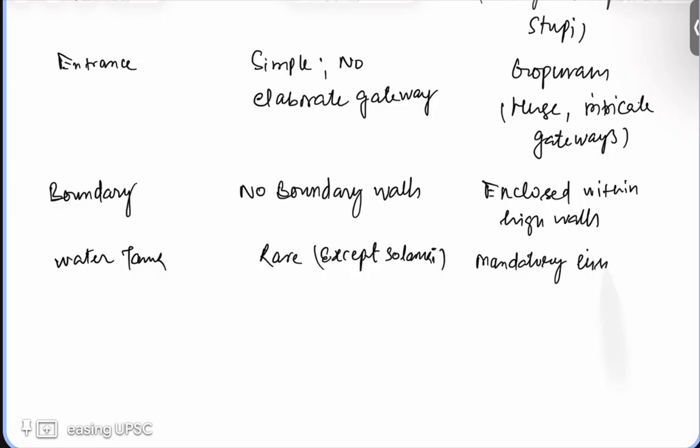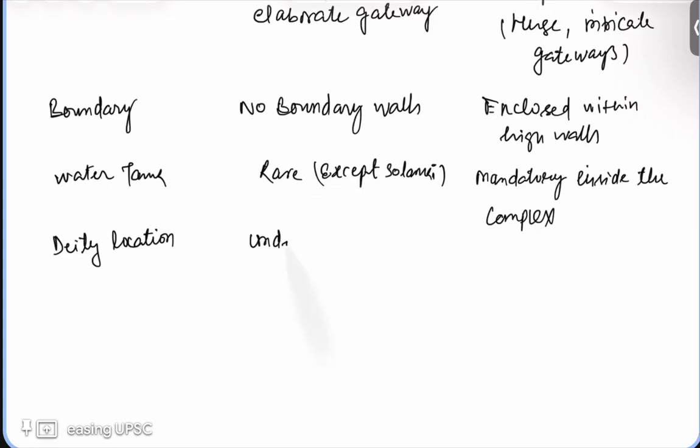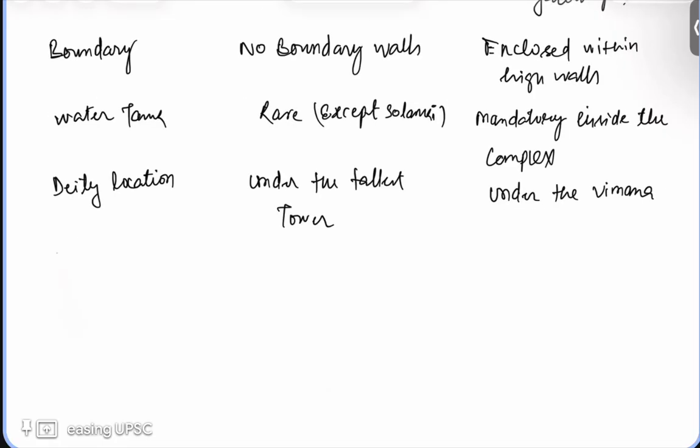Mandatory inside the complex. Deity location: under the Shikhara in Nagara, the Garbhagriha under the tallest tower; under the Vimana in Dravida. Nandi: basically the sanctum sanctorum and the position of Nandi.